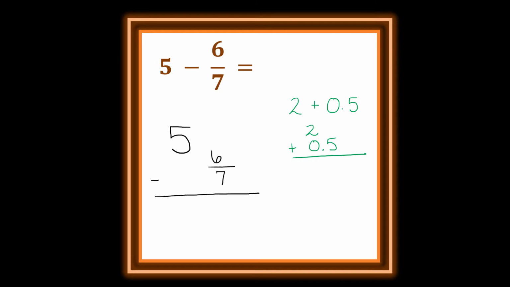I had to add a 0 here before I could add. I had to add a 0 here as a placeholder, and I had to add a 0 here as a placeholder. The same thing is happening with fractions. I have to add a 0 here, and I have to add a 0 here.